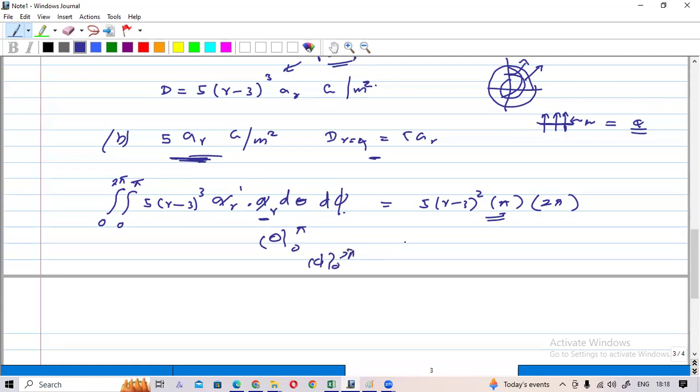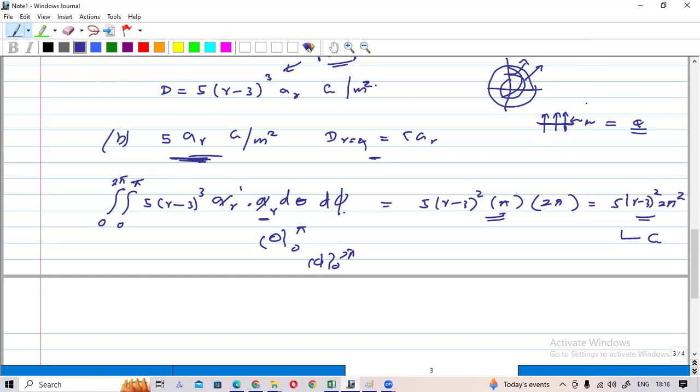So I will have 5(r minus 3) squared times pi times 2 pi. This is the answer. Actually this is the total flux that is measured in Coulomb.